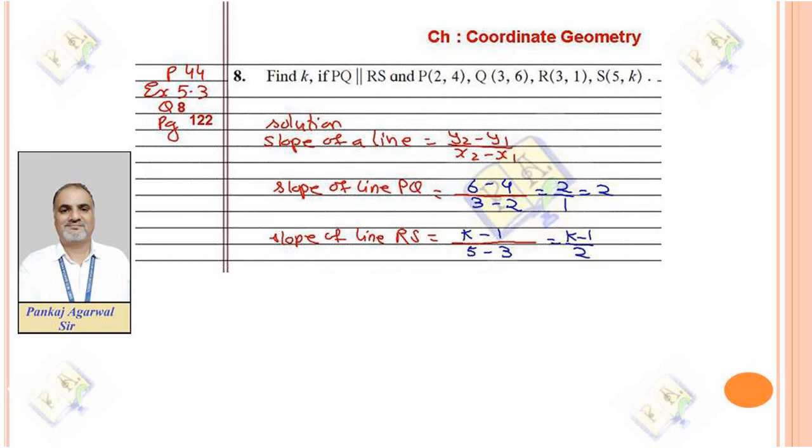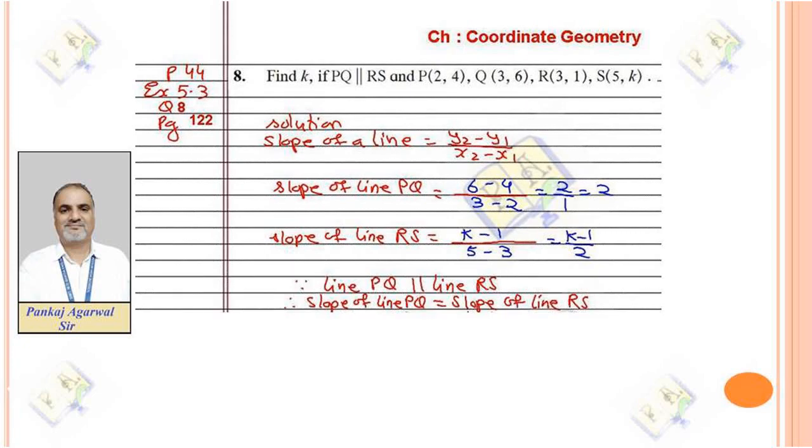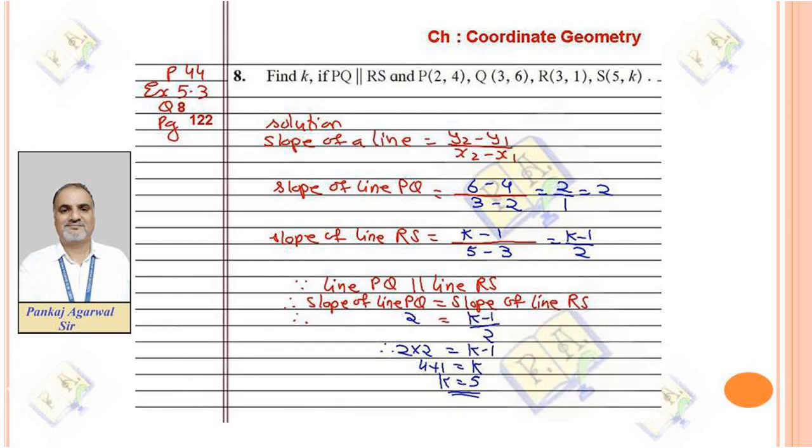Slope of line RS after calculation is K minus 1 whole upon 2. But we know that line PQ is parallel to line RS. Therefore, slope of line PQ is equal to slope of line RS. Therefore, 2 equals K minus 1 whole upon 2. On solving, we will get the value of K as 5.